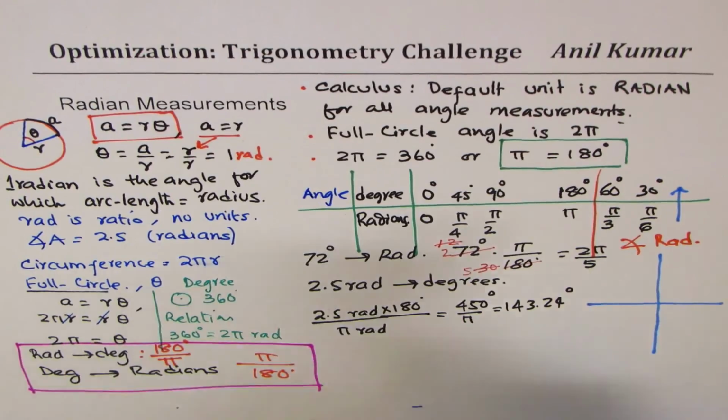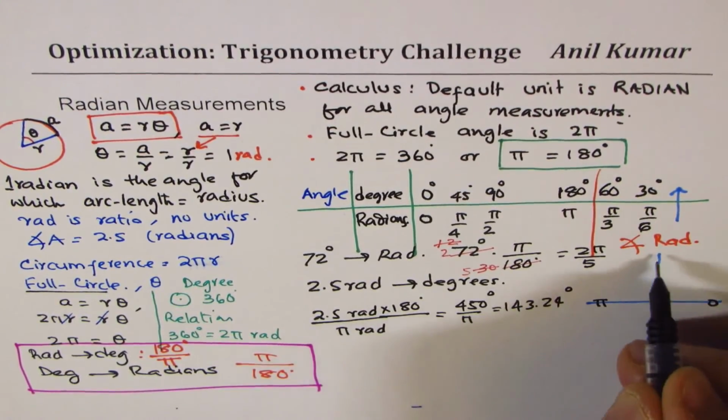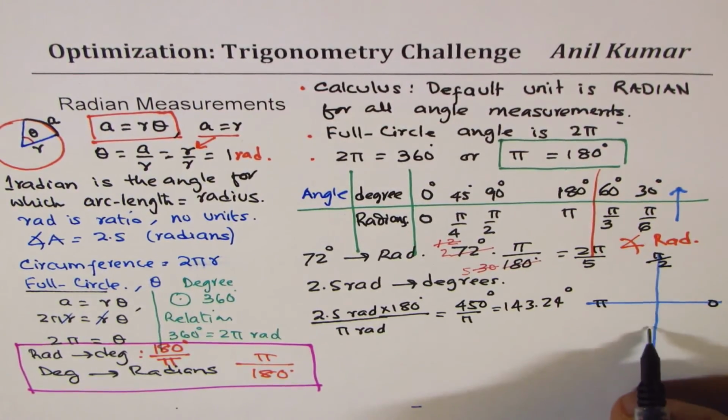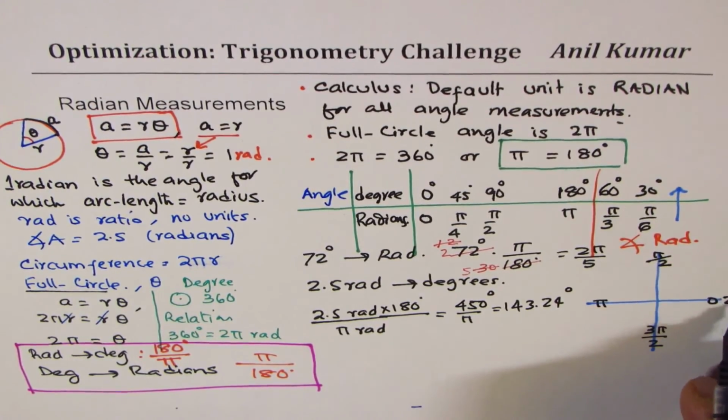From this particular graph, if I'm sketching radians, this is 0, this is pi, we know, that is pi by 2, and pi by 2, 2 pi by 2, 3 pi by 2. Is that okay? You can also call this 2 pi, 0 or 2 pi, correct?